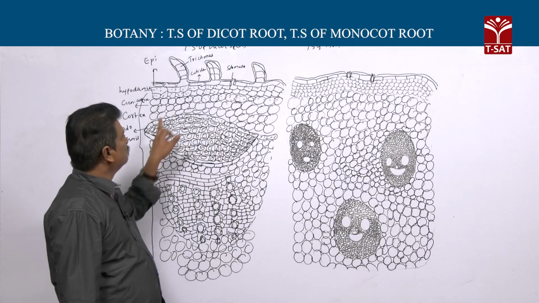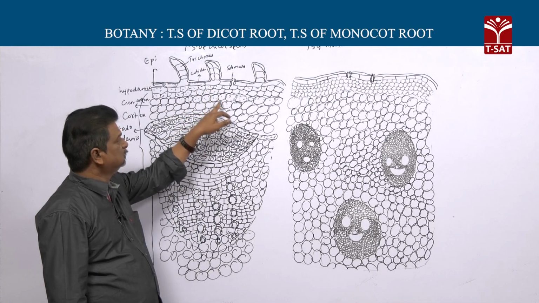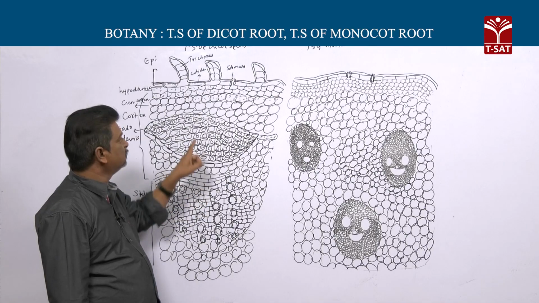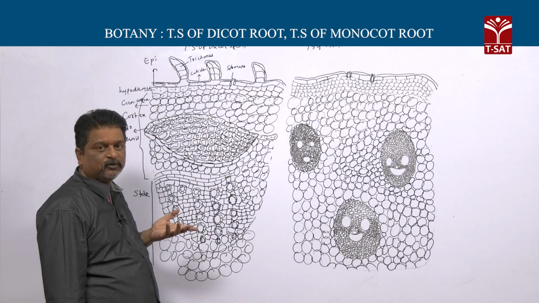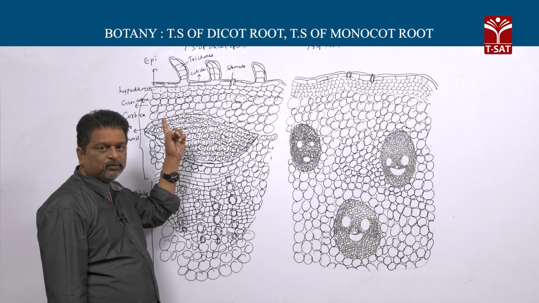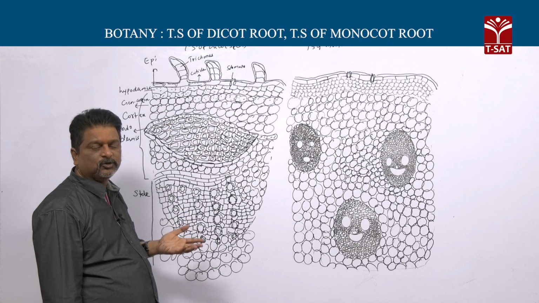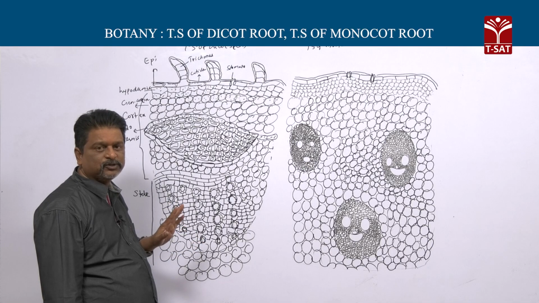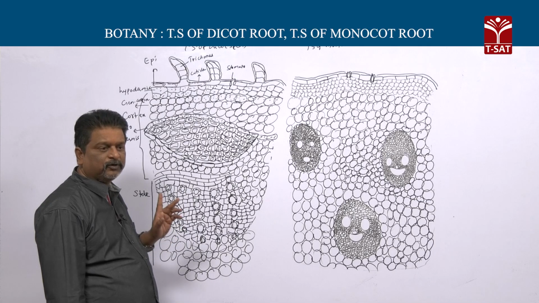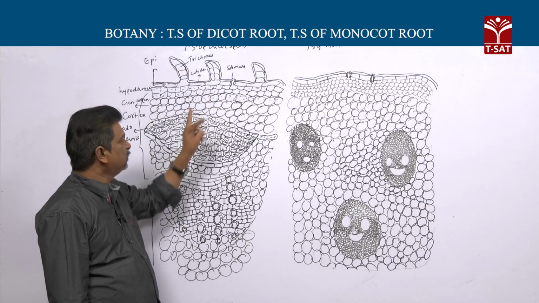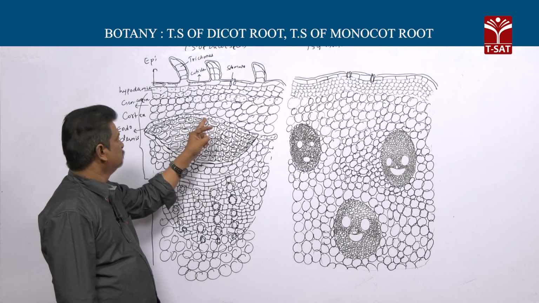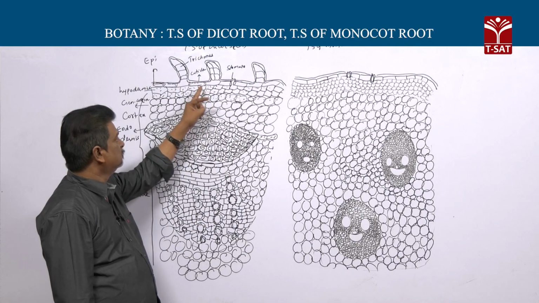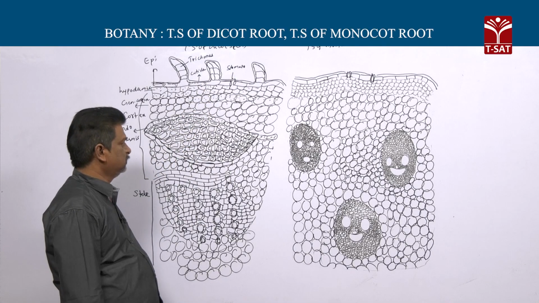Here one question, photosynthetic parts in that dicot stem are hypodermis and outer cortical cells. They perform photosynthesis, not endodermis. Endodermis simply stores starch, but it does not produce starch. So point is, photosynthetic parts means hypodermis and outer cortical cells. And which one stores starch means endodermis. This is about epidermis and cortex.